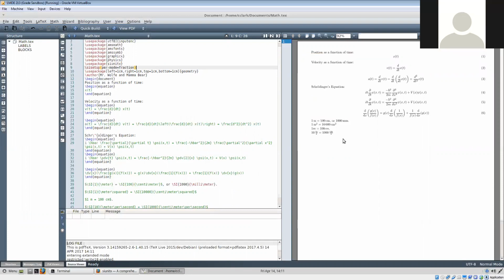Now I've got meters per second in fractional mode. Per tack mode. Yep, per tack mode. SI setup, all lowercase, curly brackets, per tack mode equals fraction.